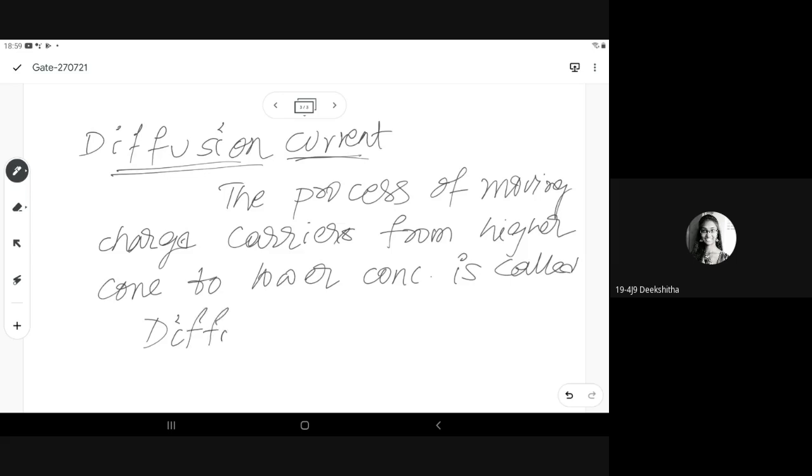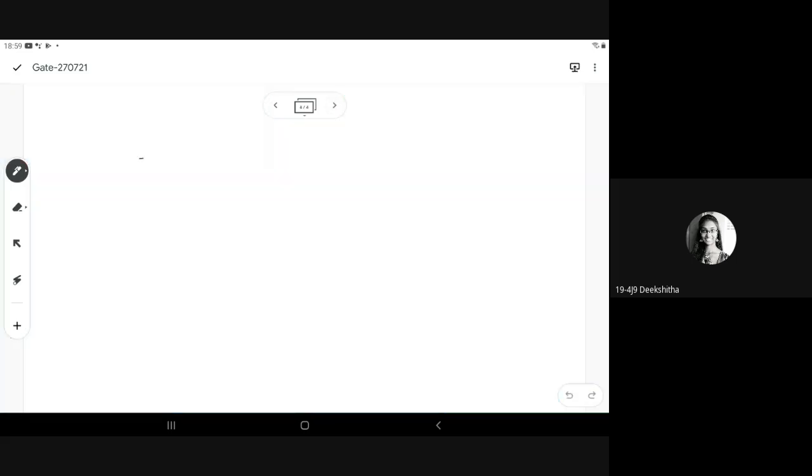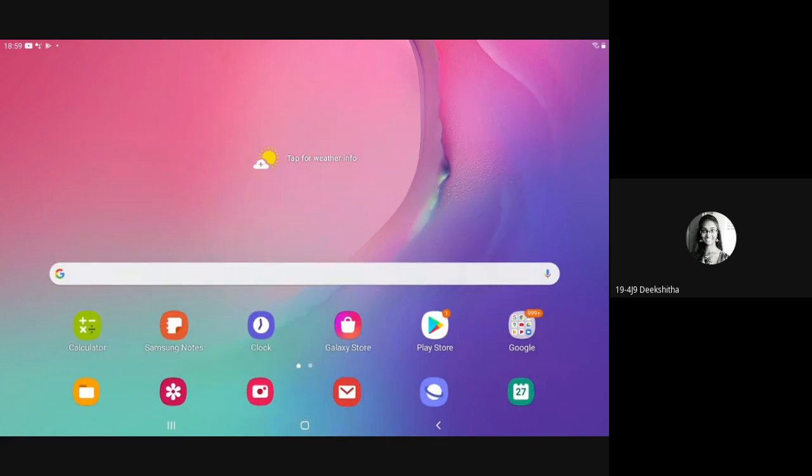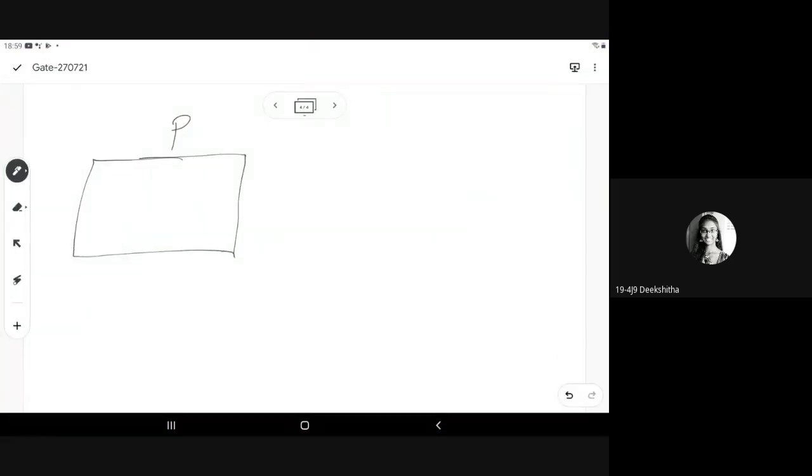In p-type material, the majority carriers are holes. Taking a p-type material like this, there are more holes present in the p-type material.